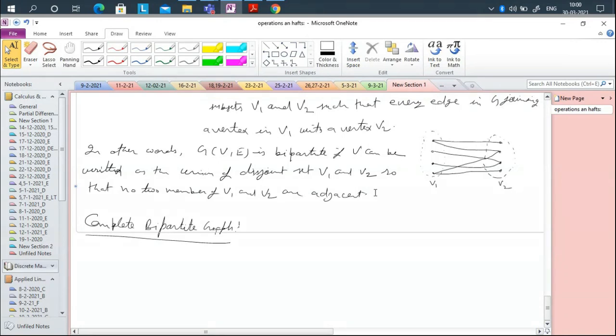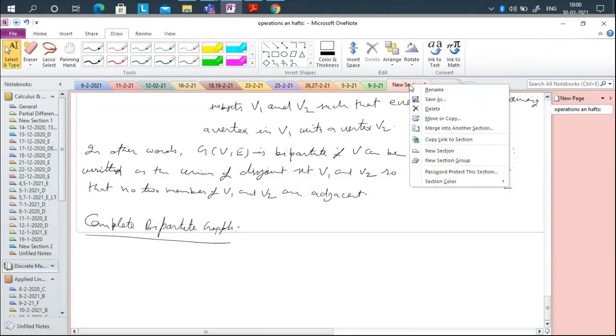Set theory and Boolean algebra first, predicate calculus second, and fundamentals of graphs only half of it, up to isomorphism and connected graphs. Whatever was discussed up to the last class, that is the syllabus.